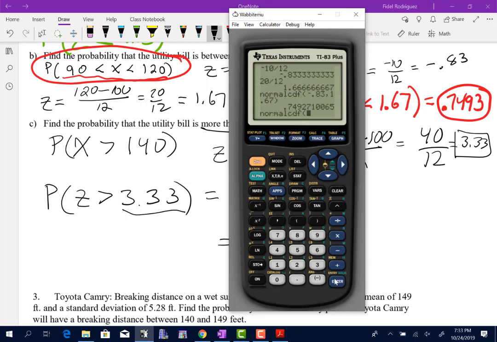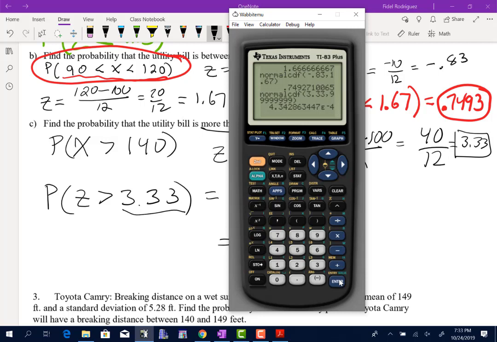What is our lower bound going to be then? 3.33, right? And then comma, and then our upper bound, isn't that going to be, like Myra said, 9999999, and then hit enter. Do you see how it's giving us this number here on the calculator? Are you all coming up with something similar on yours?